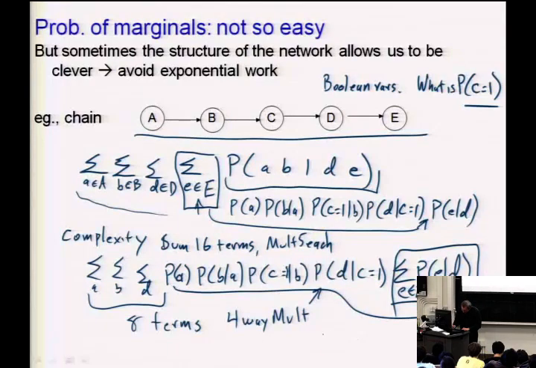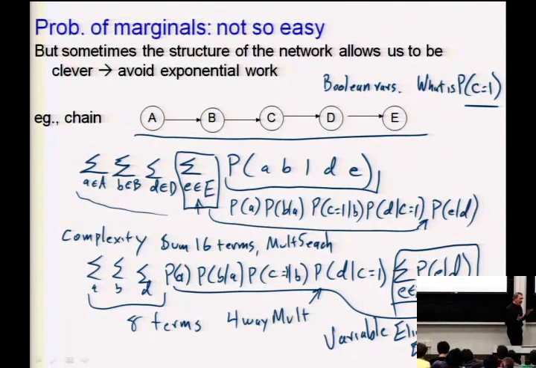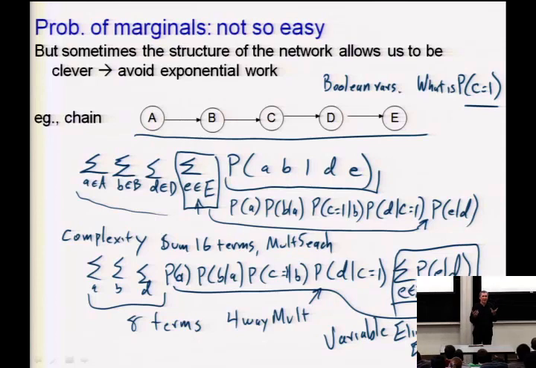But essentially what I'm doing is I'm eliminating the variable, in this case, eliminating E. And so it's a kind of dynamic programming thing that I'm doing. And I can do that repeatedly.